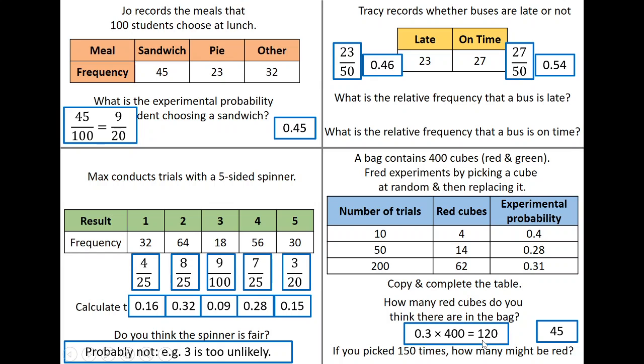So we're estimating, so there's around 120. Okay, and if you pick 150 times, how many might be red? So you're doing your 150 times by your previous 0.31 to get your probability of 0.45.